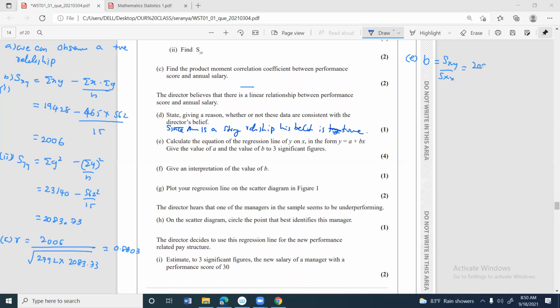Sxy is 2006 and Sxx is 2492. It's already given in the question.